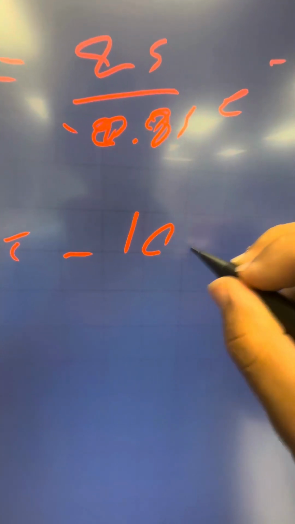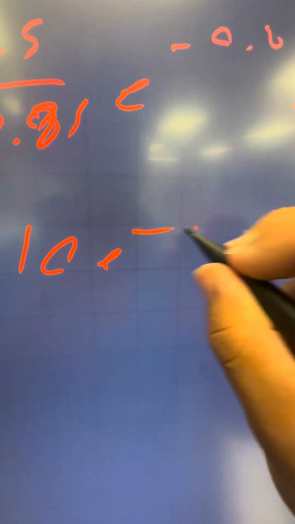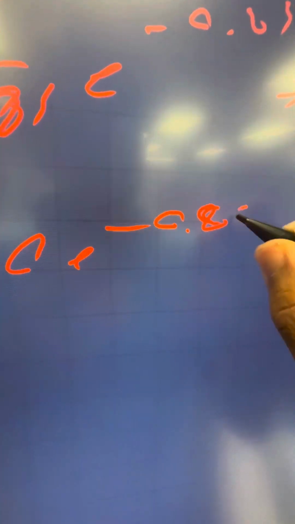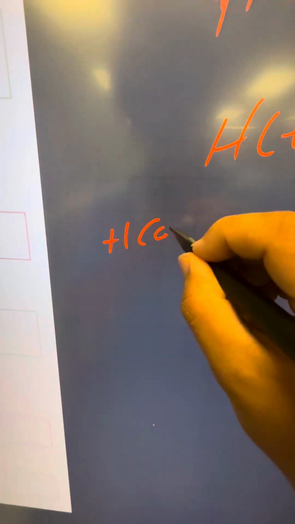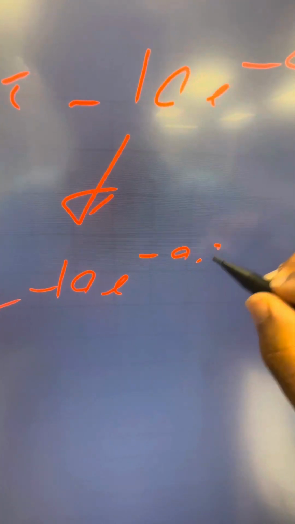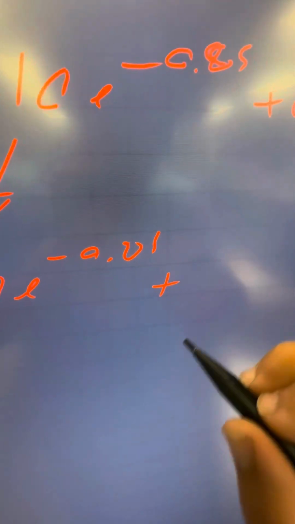H(T) equals negative 10 e to the negative 0.85 t plus C. Now we need to find C, and you only got height at 0. The height is 6 feet tall, so it's going to be 6 equals negative 10 e to the negative 0.85 t plus C.